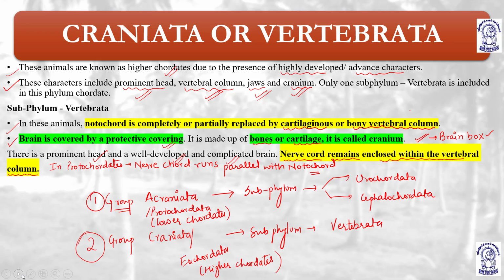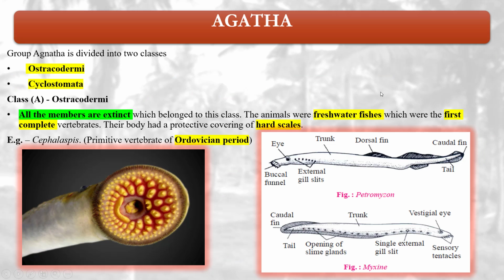Now coming to the next slide. The first part we are going to consider under the subphylum Vertebrata is Agnatha. Agnatha means without jaw, they don't have jaw.